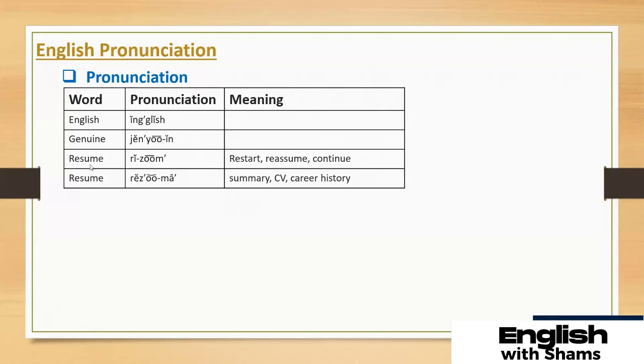So you can see the spelling is the same, but with the change in pronunciation, there is a change in meaning as well. So here in our pronunciation topic, we will be discussing in detail how to correctly pronounce the words. Okay.